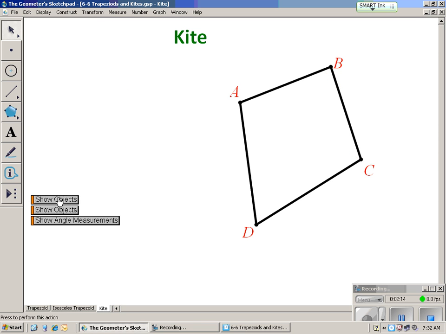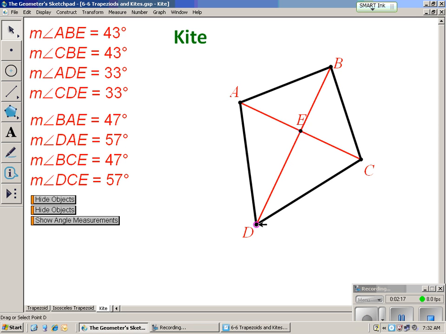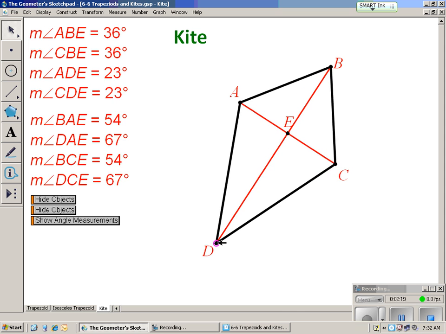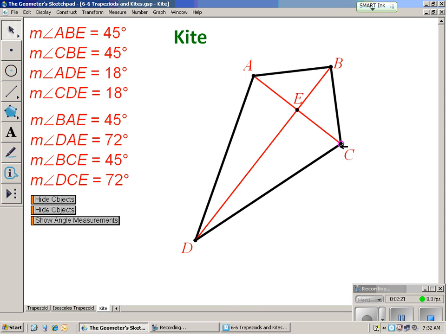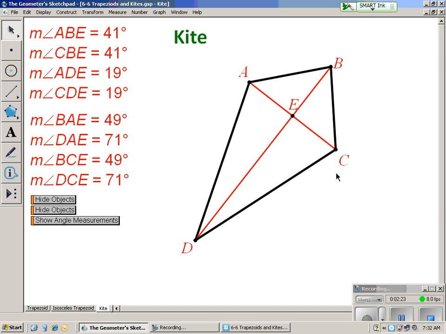So if I again draw on the diagonals and measure some angles, let me just point out that ABE, this angle, is congruent to CBE, this angle. And CDE, this angle, is congruent to this angle.